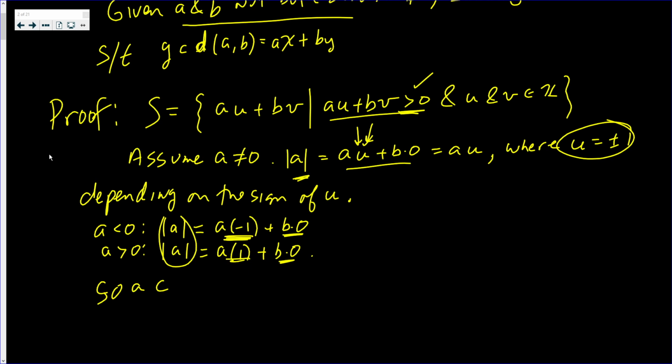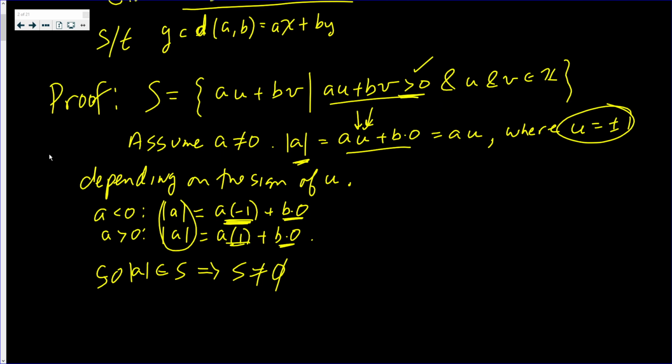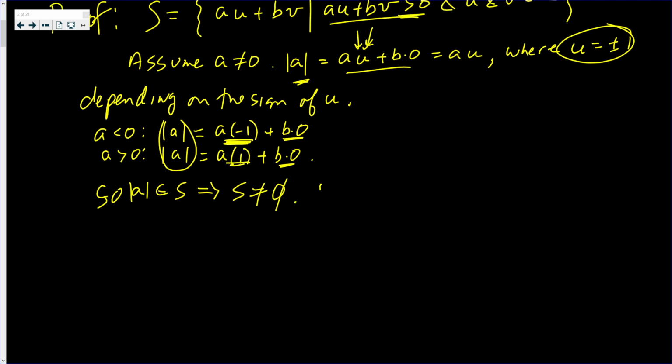So the absolute value of a is in S, which implies S is non-empty. But S is a set of positive integers. So by the well-ordering principle, S contains a smallest element.